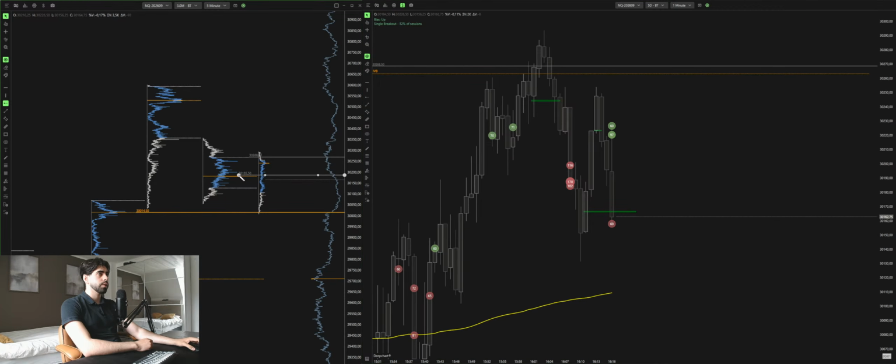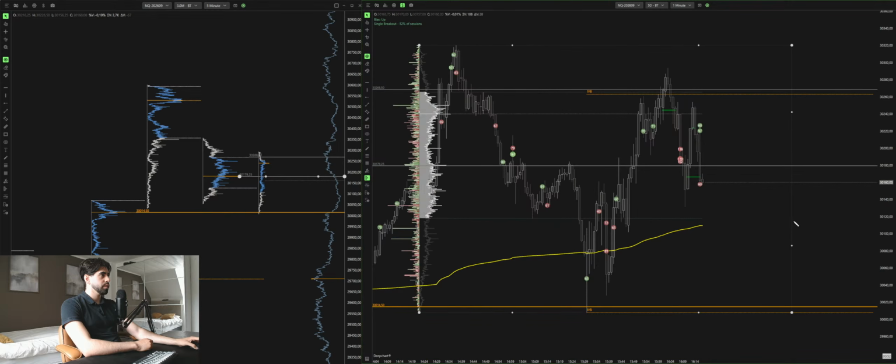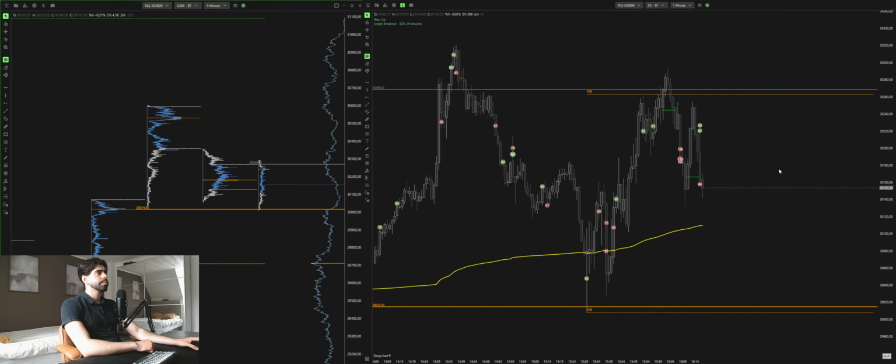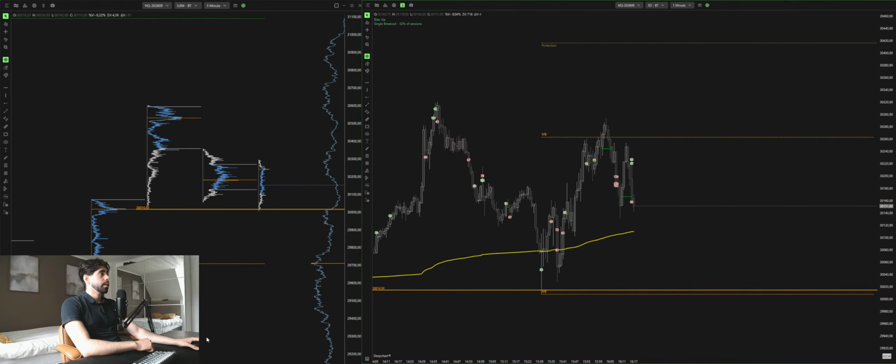Or wait, now that I look at it, we're right at POC from yesterday. That was one opportunity, but we missed it. Not a single IVB. Only one.